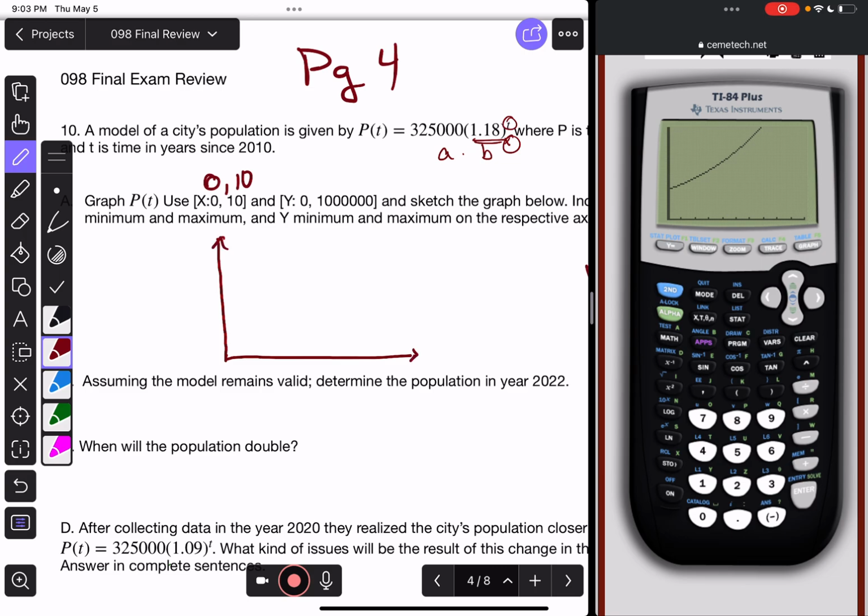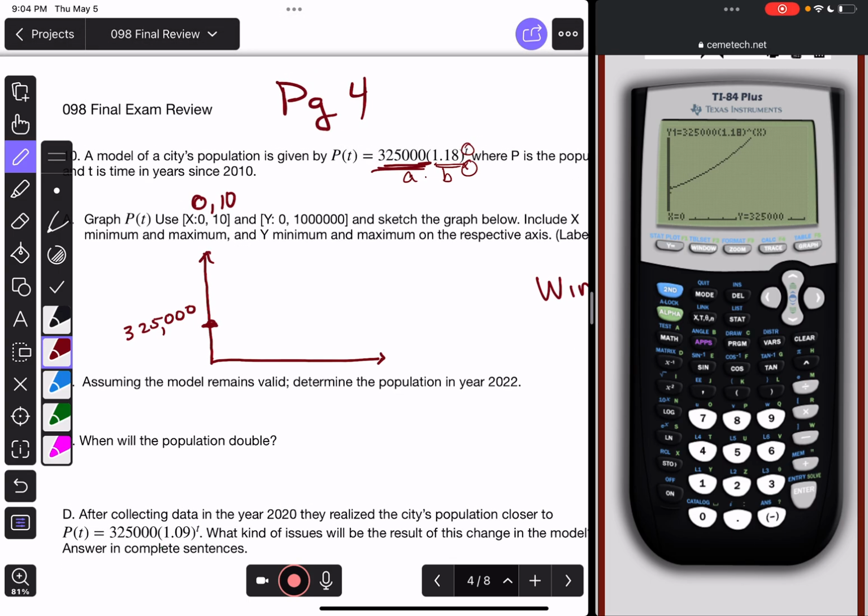The y-intercept is when x is 0, so you can just hit trace. You can type in the number 0, hit enter, and it tells you when x is 0, you're at that 325,000, that initial amount. So we'll just label that 325,000, like that. And we'll just have it go like this, because that's all it really does.